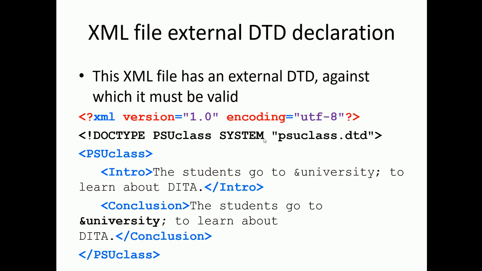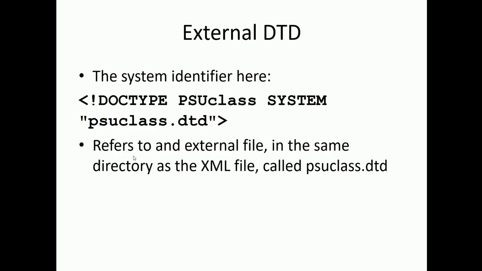An external DTD, this is much more common. You would see that you have your XML declaration, you have a doctype declaration that has a name, and in this case it's system, a system identifier, and then it says that this DTD needs to be adjacent to this XML file, and that's where we go to get the rules to find out if all of this is valid. So what about that DTD?